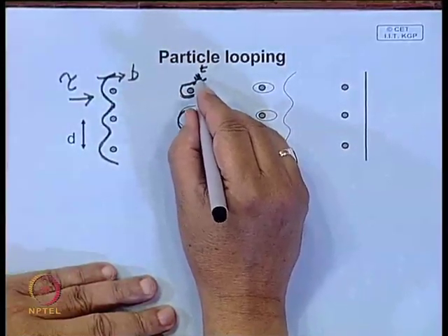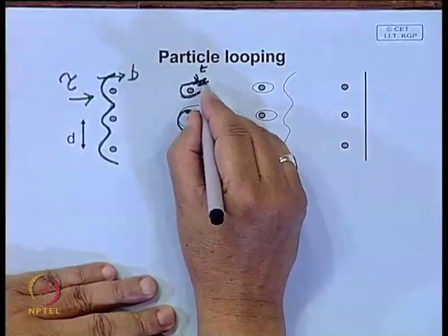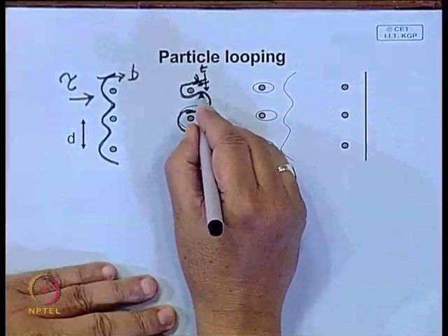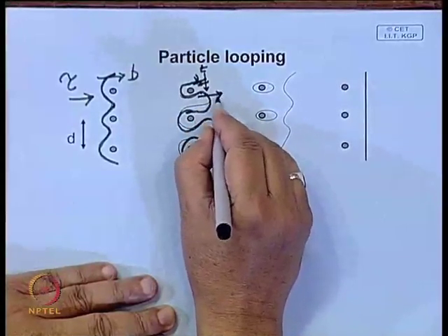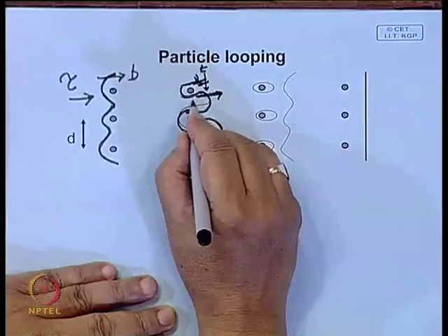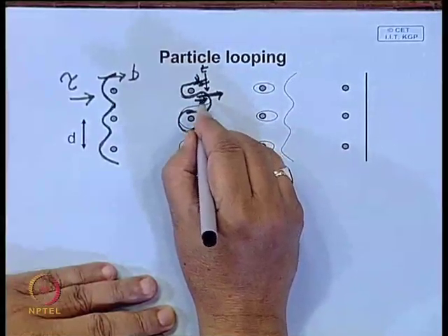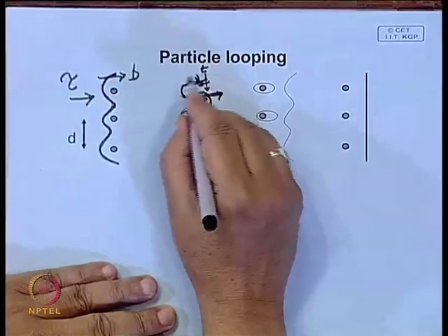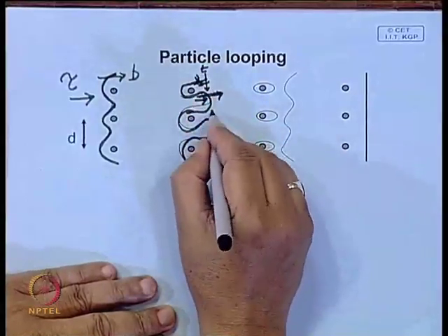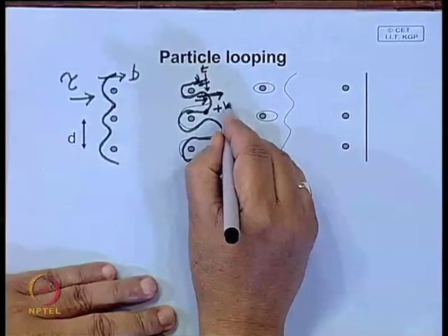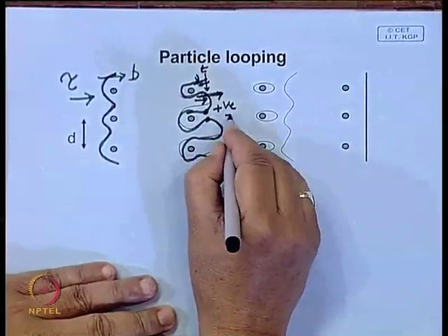in this case the dislocation direction is like this, the Burgers vector is like this, whereas over here the Burgers vector is this and the dislocation direction is this. That means the nature of the dislocation keeps changing, and it is quite likely to happen. In one case it will be a positive dislocation, and this may be a negative dislocation.